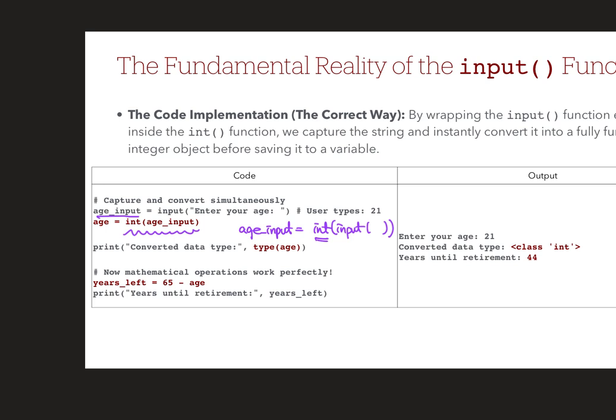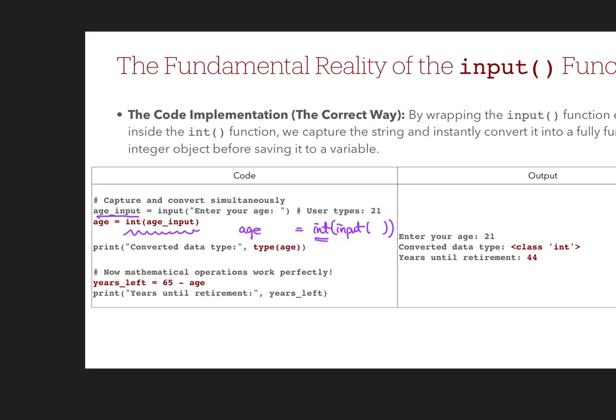So you can combine these two like this. Okay, so in that case, I do not need this underscore and input, and then I can directly define age with int and input of certain prompt, right? So that can be written.